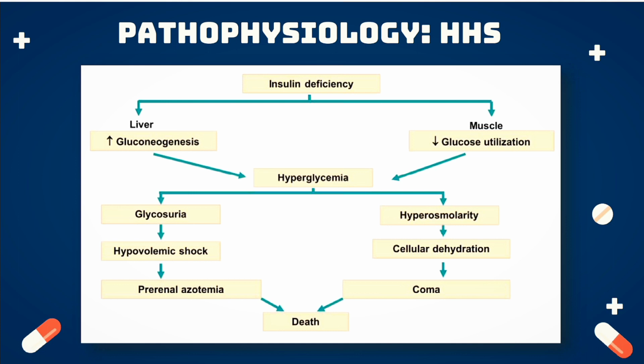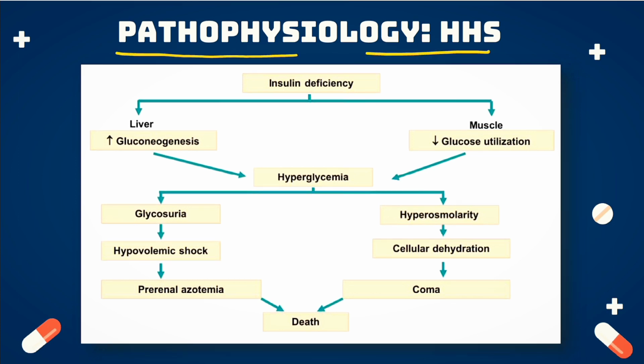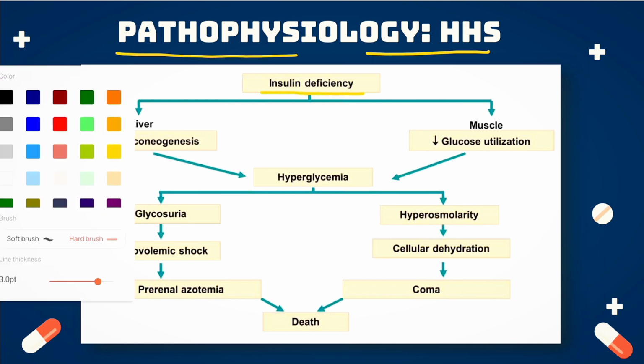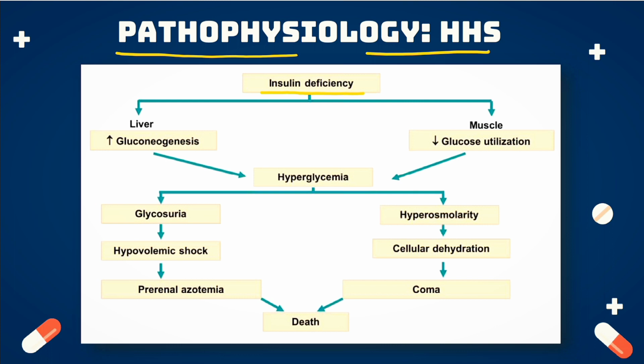Let's see what is the pathophysiology of HHS, how this condition develops. As we have already studied, there is some kind of insulin deficiency in the body, and this insulin deficiency leads to decreased glucose utilization by the muscles.